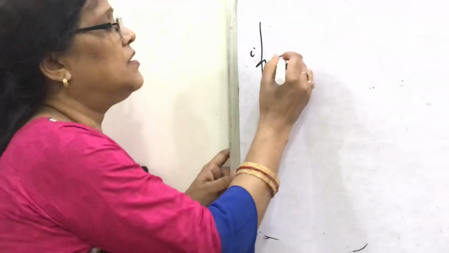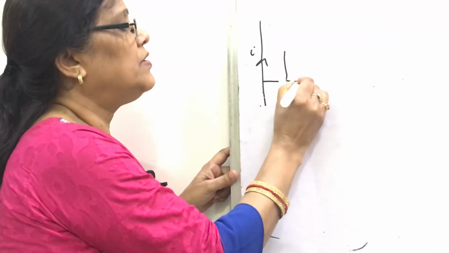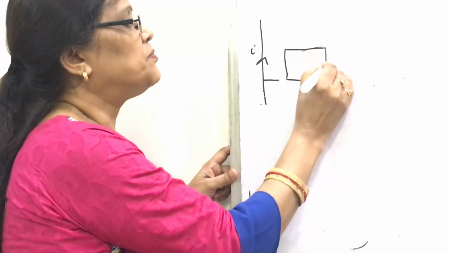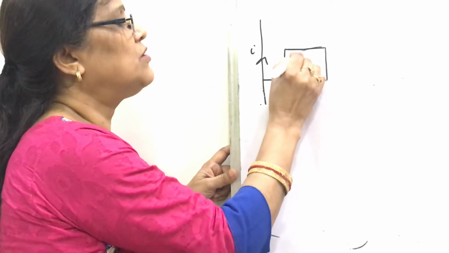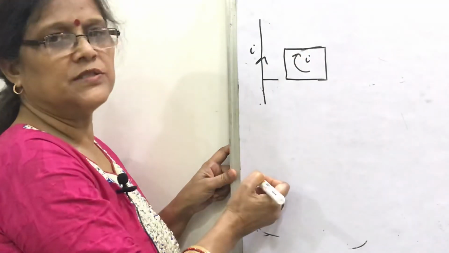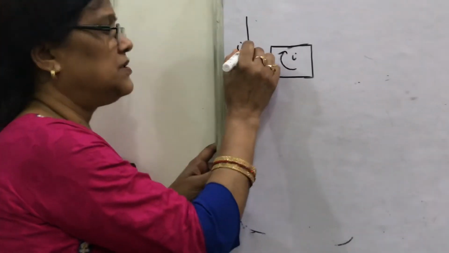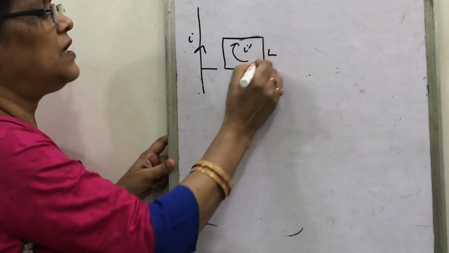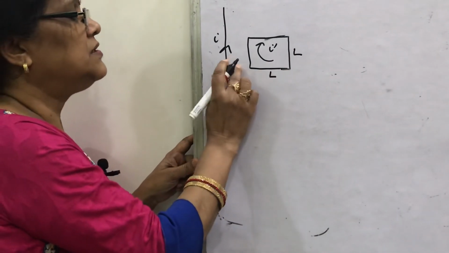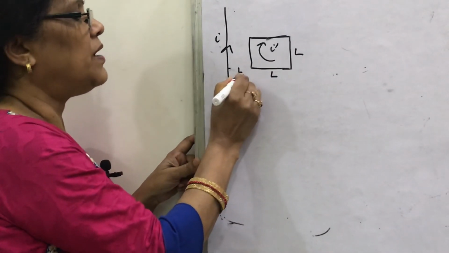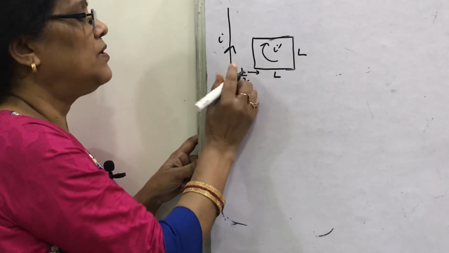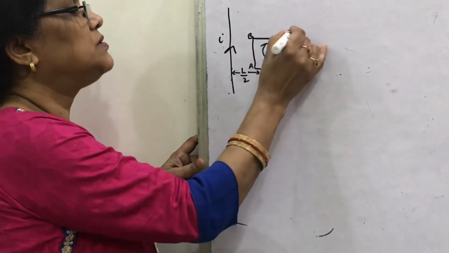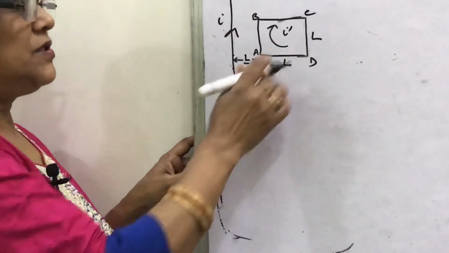Near it, a square loop of dimension L, each side of length L, is placed like this, and the direction of current through the loop is this. Suppose this is I dash, and this is L, and this distance is given as L by 2. This is L by 2 and this is L by 2. A, B, C, D is the loop.